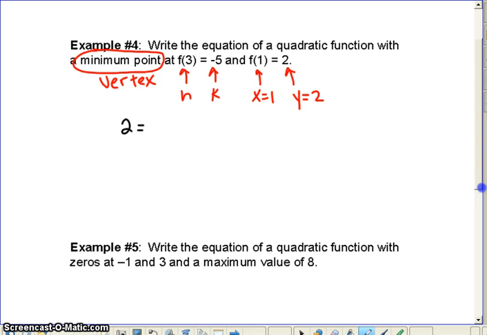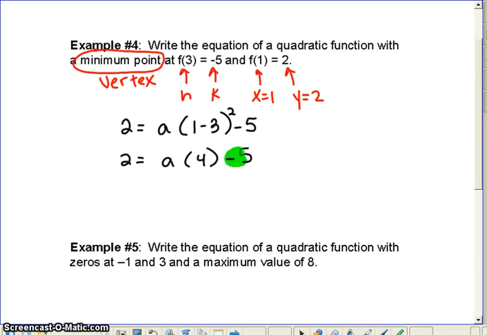2 is equal to a number a times, we're going to put x minus h here, so that's 1 minus 3, quantity squared, plus k, and k is a negative 5. All right, 1 minus 3 is negative 2, and negative 2 squared is 4. So 2 equal to a number times 4 minus 5.